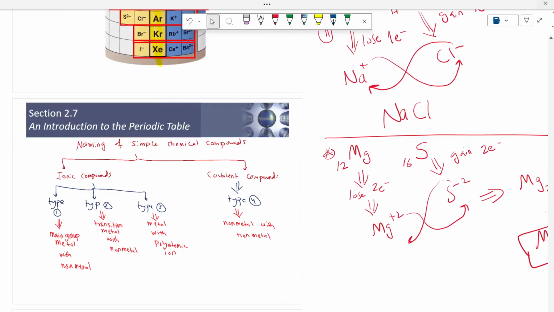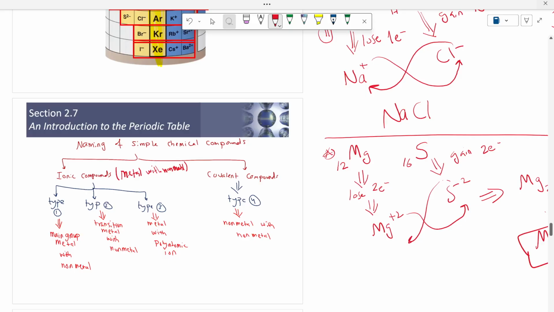Now, based on this information, we can proceed to the last topic of this chapter, which is naming simple chemical compounds. To name chemical compounds, we can distinguish between the ionic type and the covalent type. If the bond is ionic, which means you have a metal with a non-metal, then you will be in type 1, type 2, or type 3.